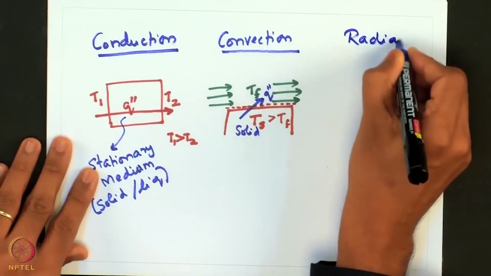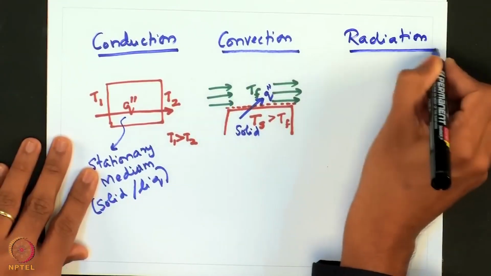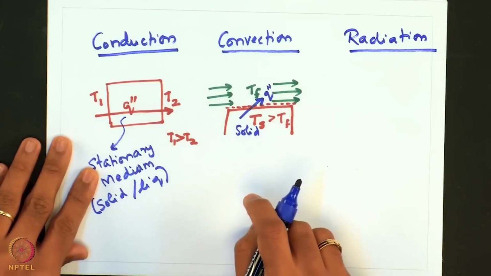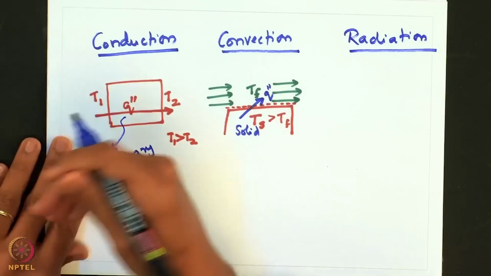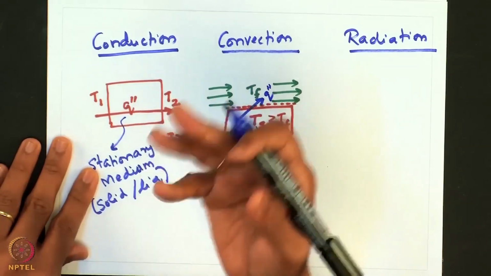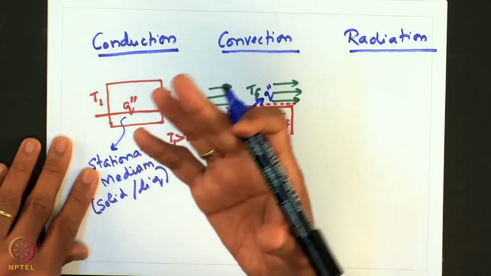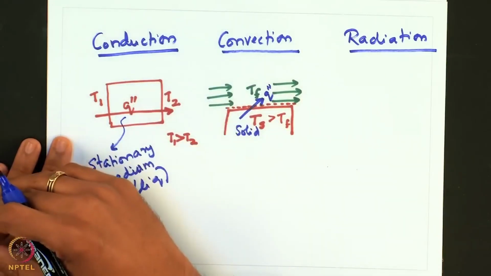Now, the third mode of heat transport is called the radiation mode. Every surface, by virtue of having a finite temperature, would emit electromagnetic waves.